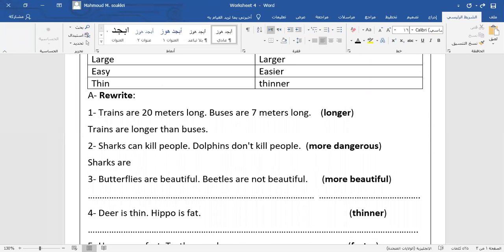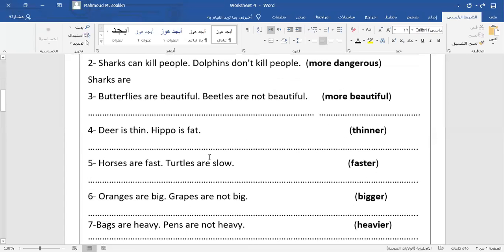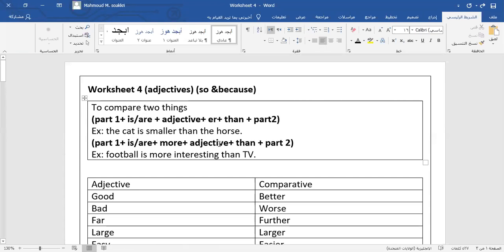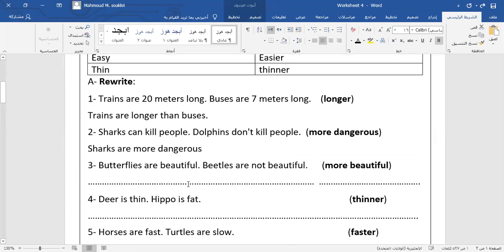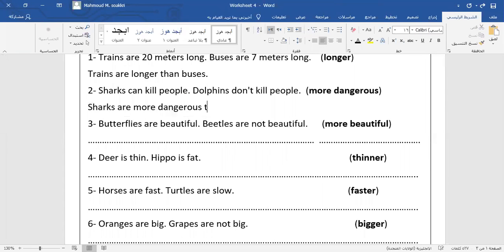And then the rule says after part 1, use is or are, and then more. So I have to use here more. So what should I write now? Sharks are more dangerous. Excellent. After the adjective, look at the grammar rule. After the adjective, I put the word than. Excellent. So here I go to write than dolphins. Excellent, Mazen. You are brilliant. Thank you very much.